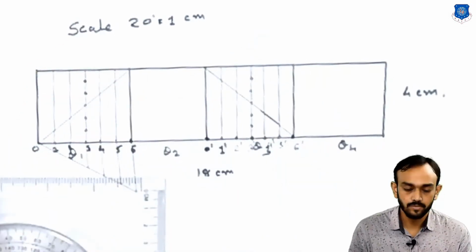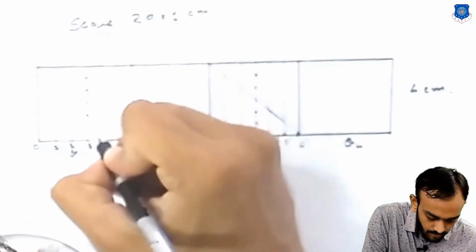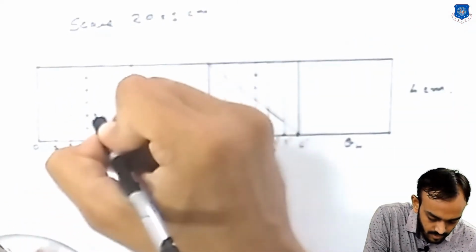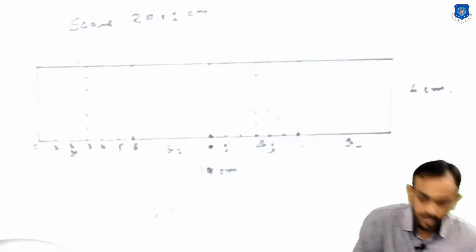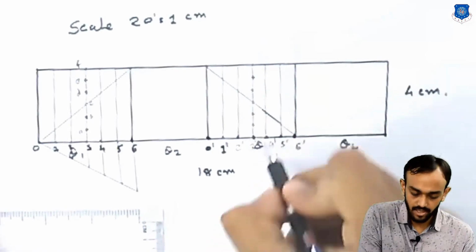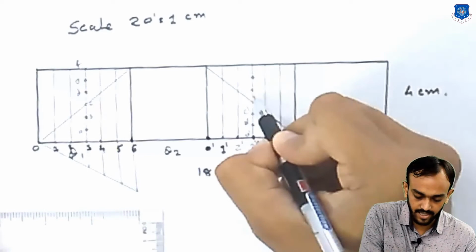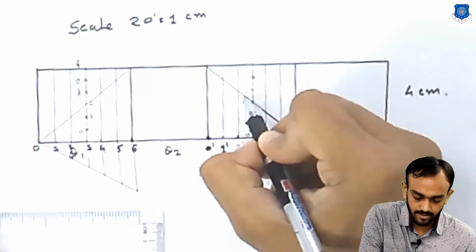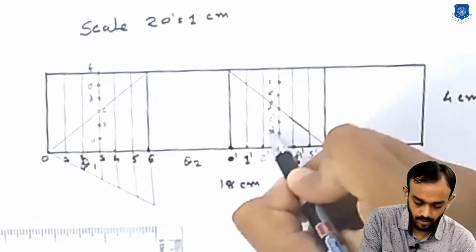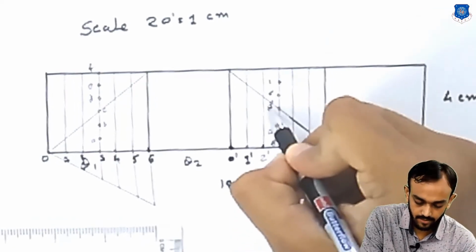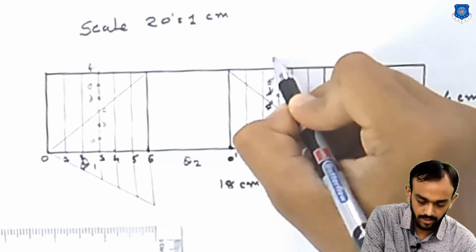Now just give the numbering here, which will be A, B, C, D, E and F. Same will be here, from the bottom A dash, B dash, C dash, here will be D dash, this is the E dash, and the topmost will be F dash.